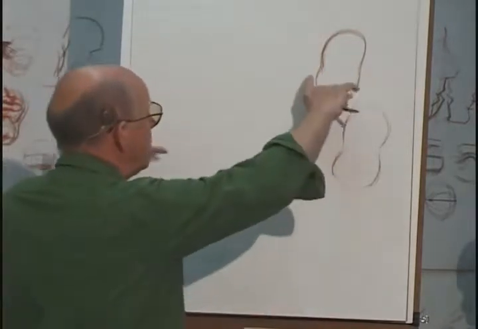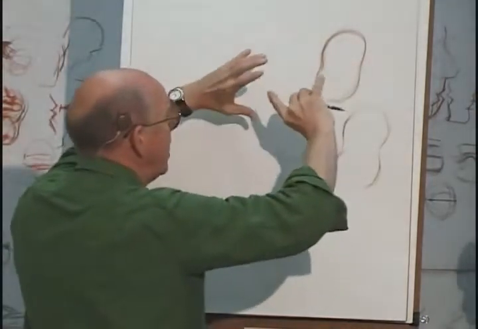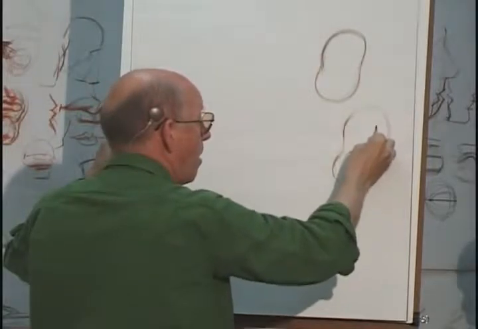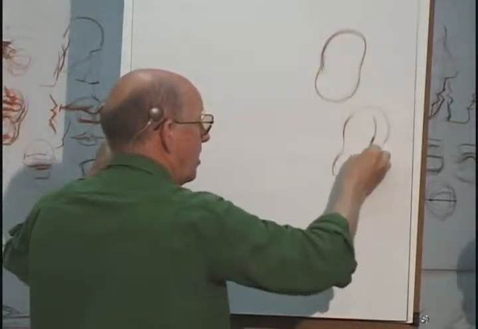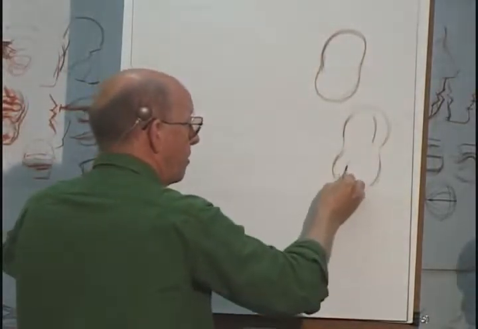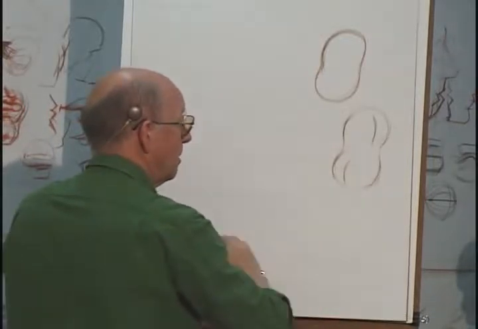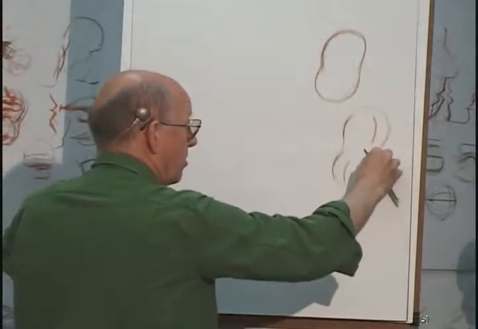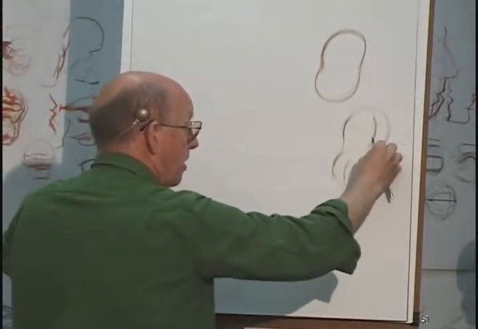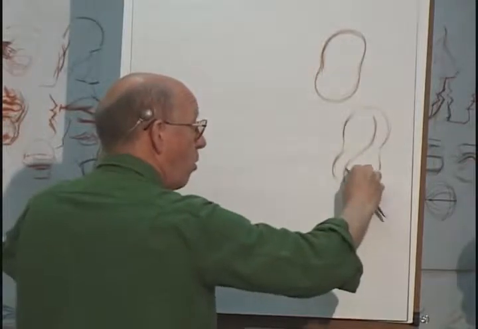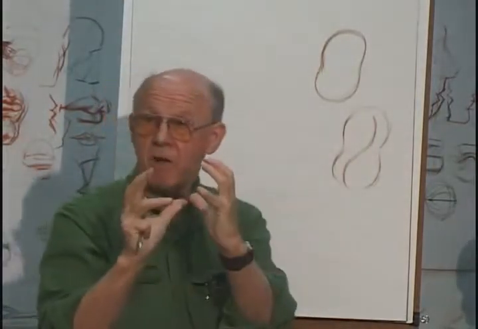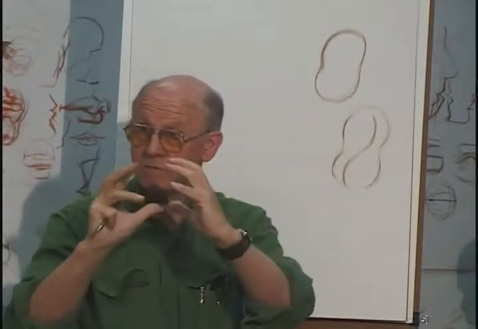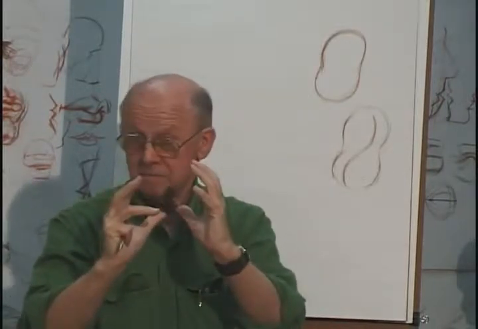So I can mentally adjust how this is going to be by just focusing on where the front is and actually just indicating a front. So now I'm creating a twist. I can create that twist just by drawing a line that's going over those three-dimensional volumes that I'm visualizing. But you have to visualize those three-dimensional volumes very clearly.